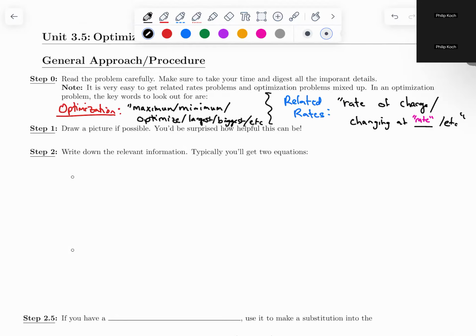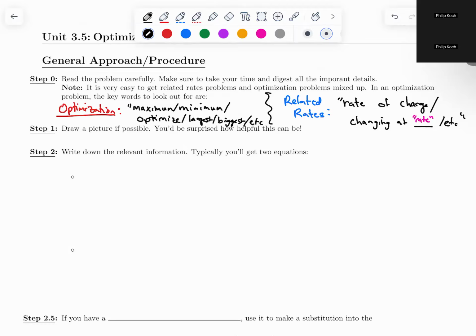It is a unit of measurement over a different unit, or a unit of interest over another unit of interest. That's what a rate is. Usually dealing with time, so like feet per second, or miles per hour, or cubic centimeters per nanosecond, or whatever it may be. But that's the way you distinguish between the two of them.